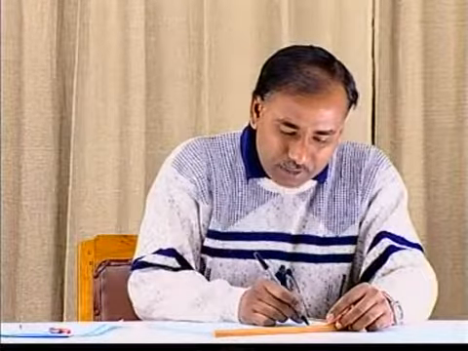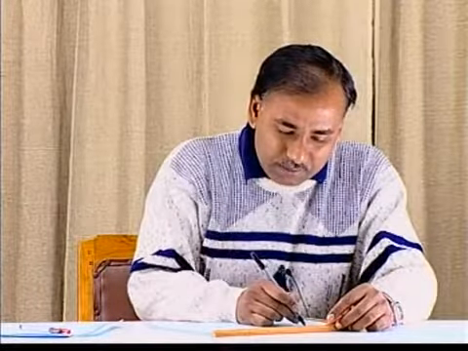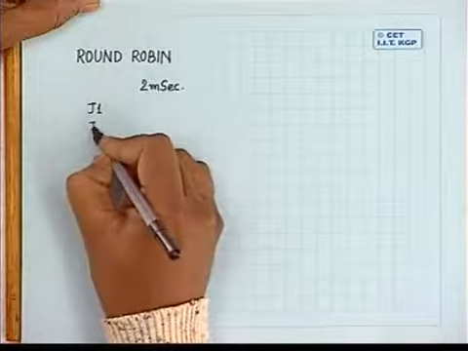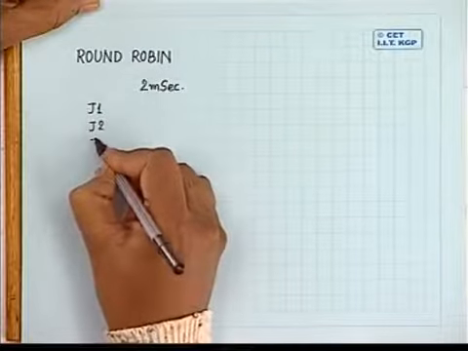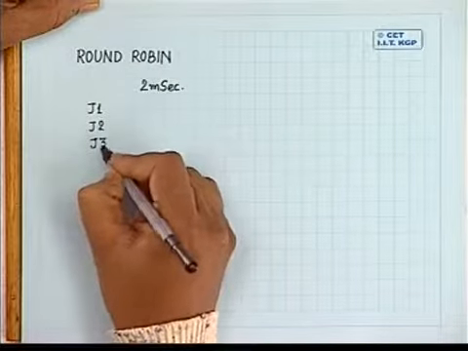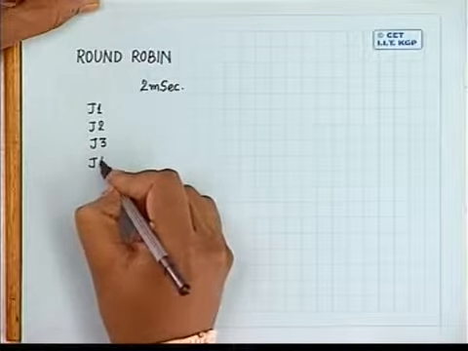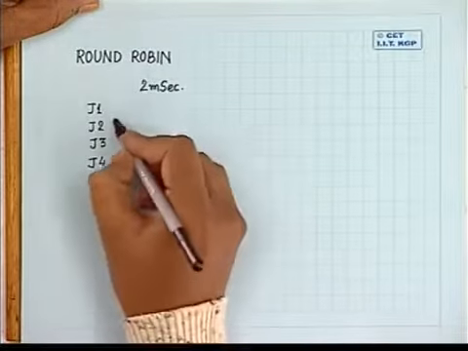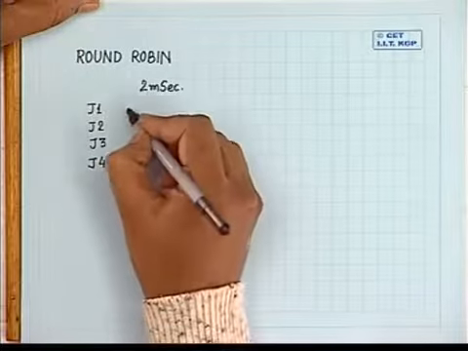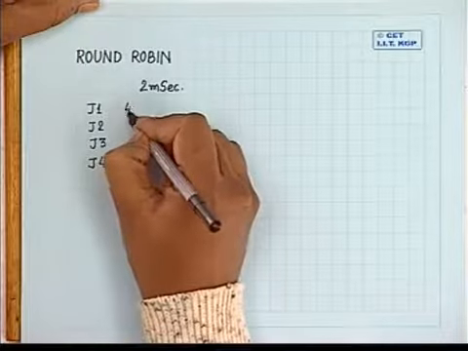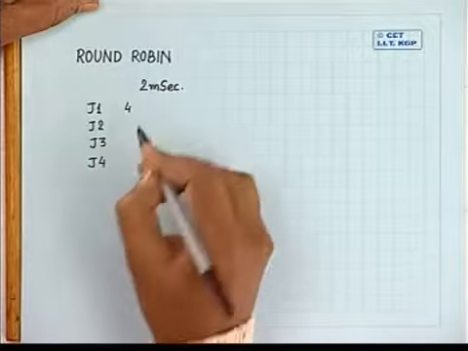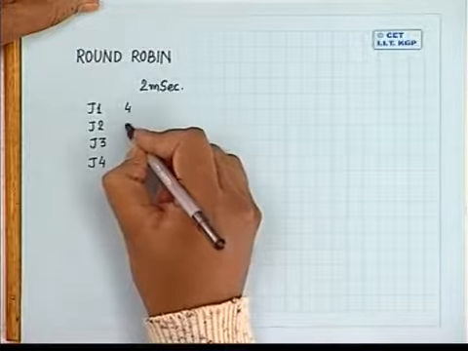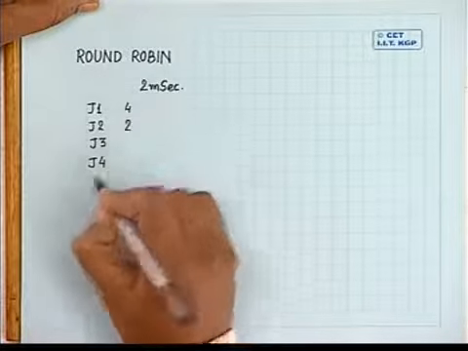So I have a situation like this. Coming back to a similar example, suppose I have job J1, job J2, J3, J4. Job J1, let us assume it takes 4 milliseconds. Job J2 takes 2 milliseconds.